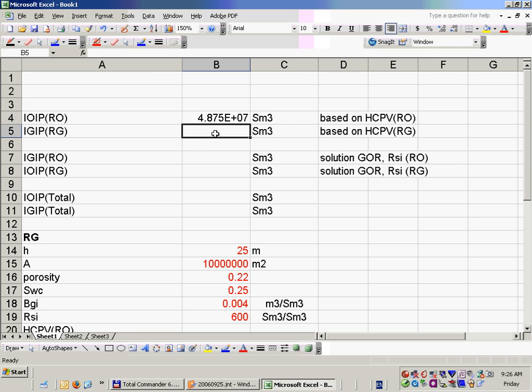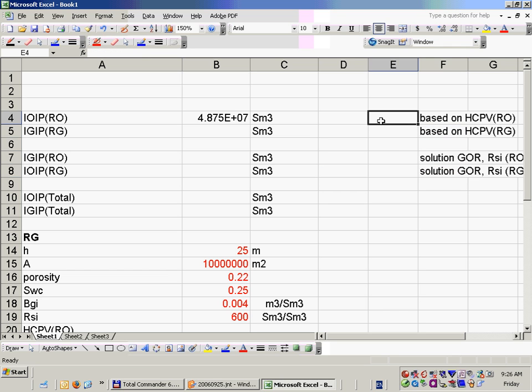Now let's calculate those numbers in units that we're used to here, or you're not used to them, but I am. Stock tank barrels. All the places with oil, I'm going to put barrels, and I apologize for that. And then standard cubic feet for gas. Okay.